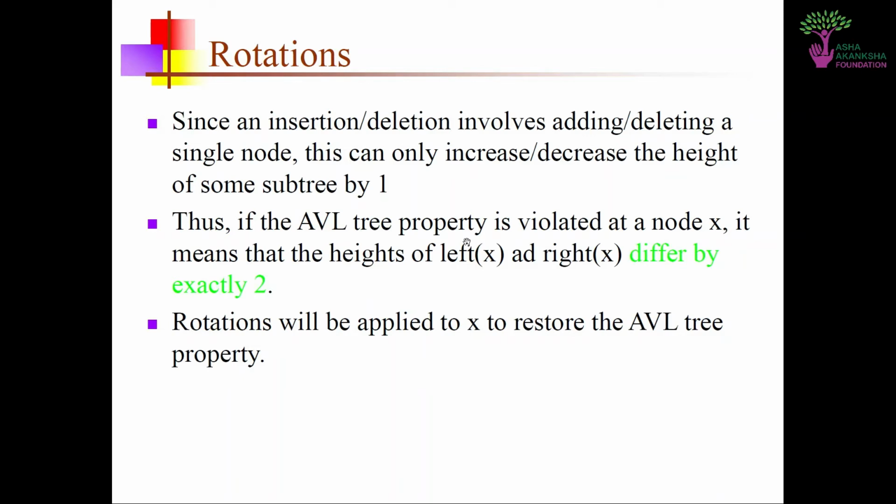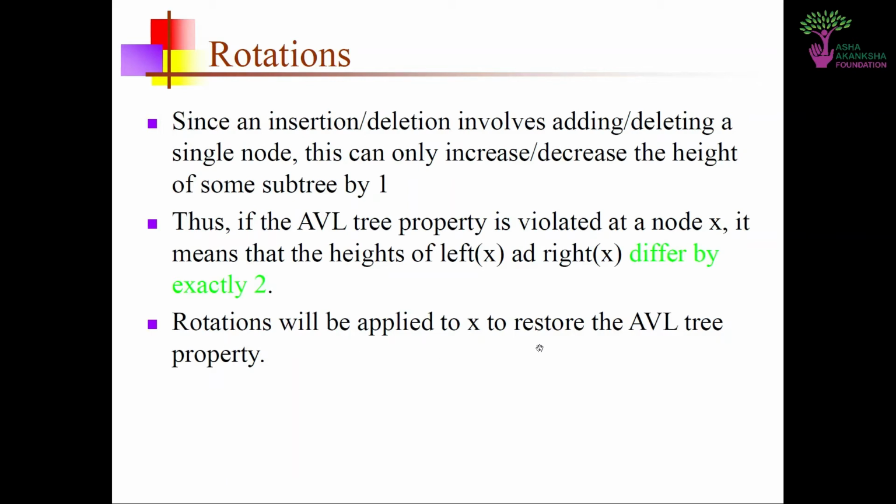If the AVL tree property is violated, so if we originally had an AVL tree and we add or delete a node, and the new tree is violating the AVL property, then the height difference between the left and right subtree would differ by exactly 2, because we know that originally it had to be less than or equal to 1, and since now after insertion or deletion we are violating, it had to be the case where now it is differing by exactly 2.